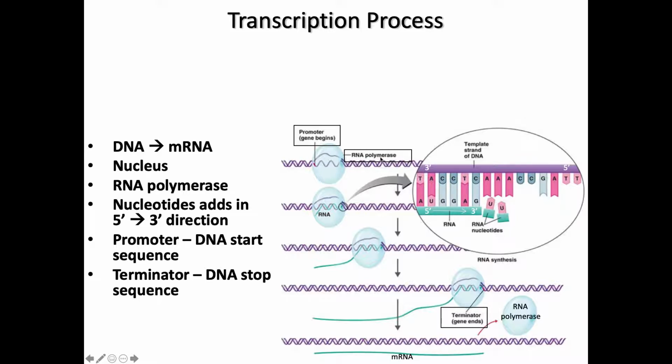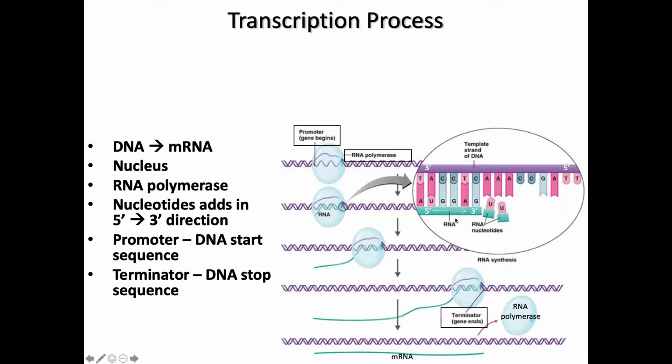And then this RNA polymerase does something similar to DNA polymerase. It reads the template from 3' to 5', so in the backwards direction, so that it can make the mRNA in the correct direction of 5' to 3'.